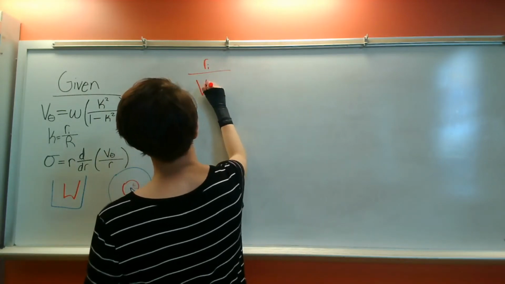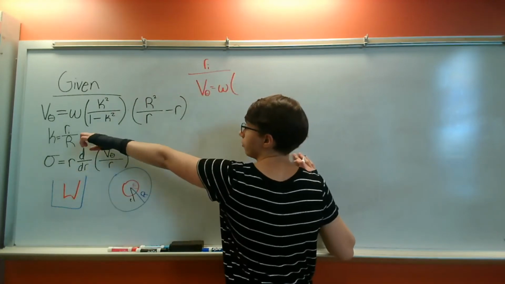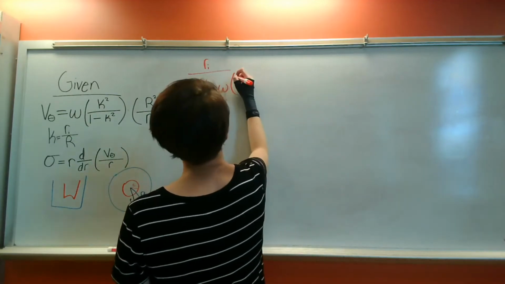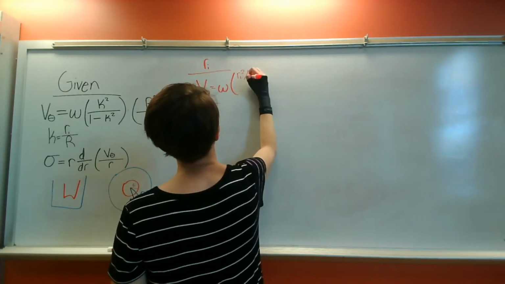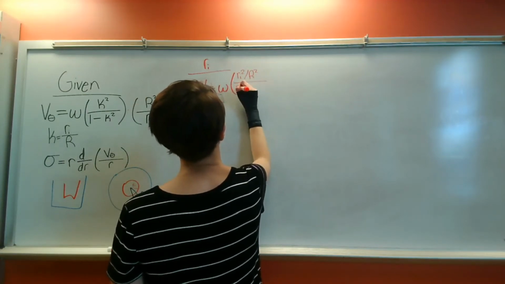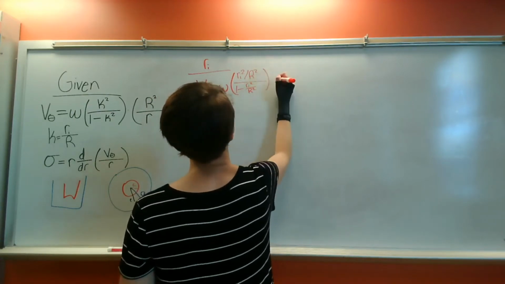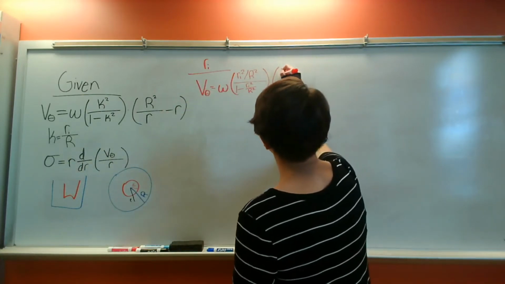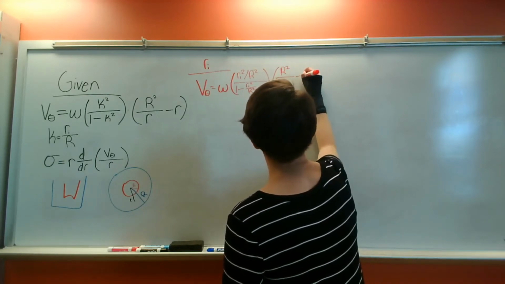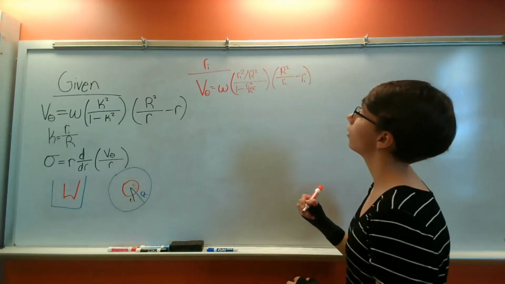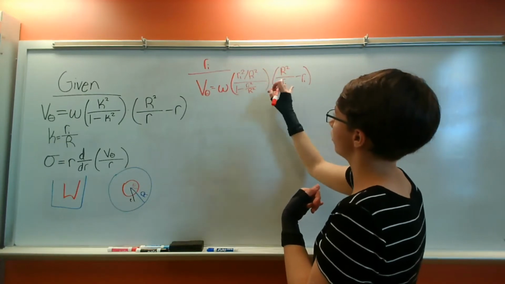So we've got the velocity is equal to the angular frequency, and then I'm going to plug in the ratio for k. So we got inner radius squared over the outer radius squared over 1 minus the inner radius squared over the outer radius squared, and then that times the outer radius squared over the inner radius minus the inner radius. Right, and so we can find a common denominator for these two.